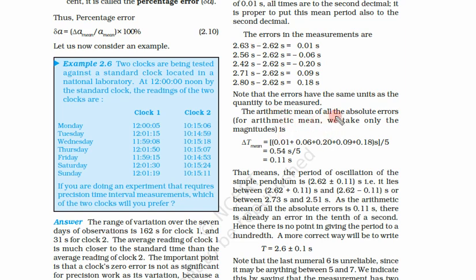Now the arithmetic mean of absolute error. For the arithmetic mean we take only the magnitude, that means only the positive value. So this is 1, though it is minus we take positive, 6, 20, 9 and 18. When we add them and divide by 5, we get 55 upon 5, which is 10.8.